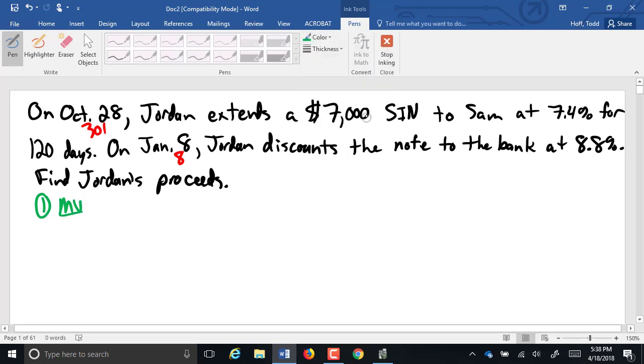So we're going to find our interest, which is going to use the principal of $7,000 times our rate. 7.4% becomes 0.074. And our time, 120 over 360.